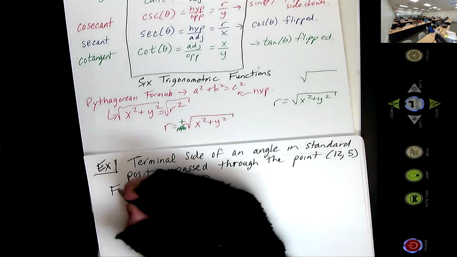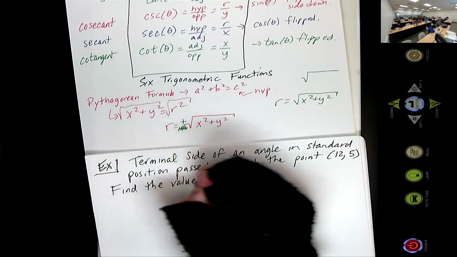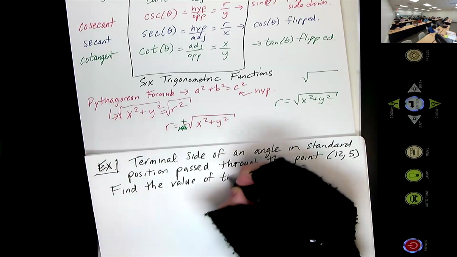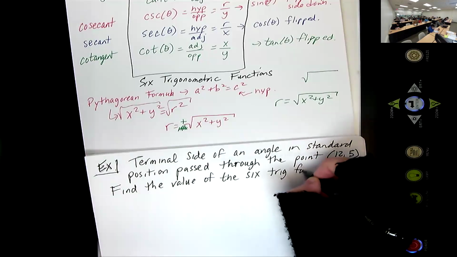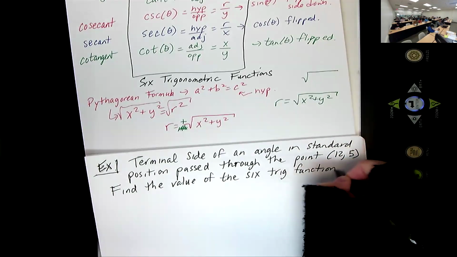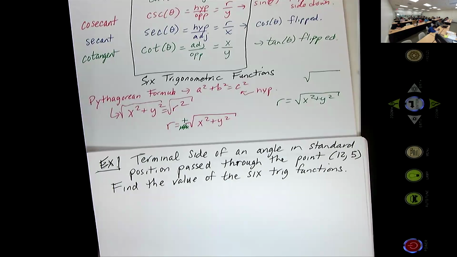Find the value of the 6 trig functions. Now, the technical name is trigonometric, but that's a mouthful to say repeatedly as often as we're going to say it, so I will abbreviate trigonometry or trigonometric to trig, as a lot of people do.